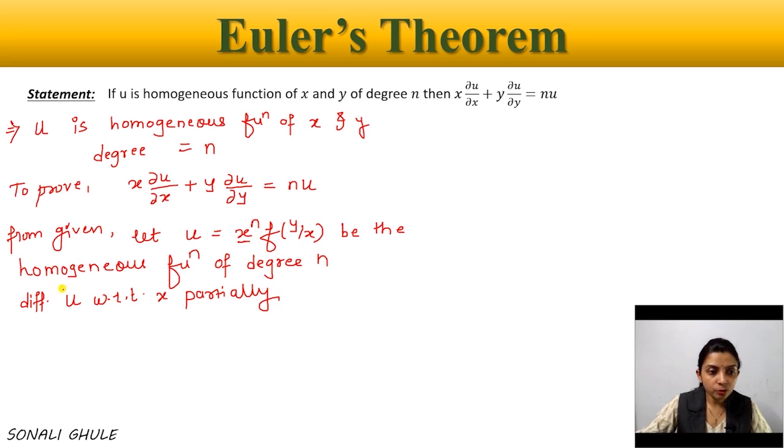So here ∂u/∂x is equal to, suppose this x^n is constant first time, keep it constant and take the derivative of this function f. What is the derivative? I can write f'(y/x) into the derivative of y/x with respect to x. So y is constant and the derivative of 1/x is -1/x². Okay, I hope you understand.